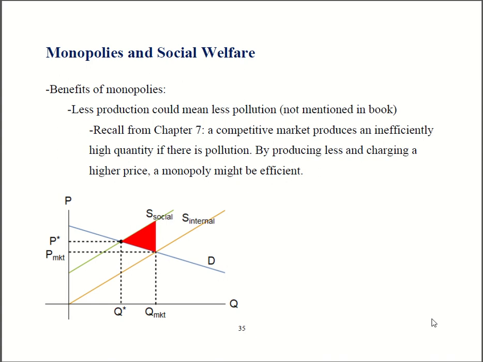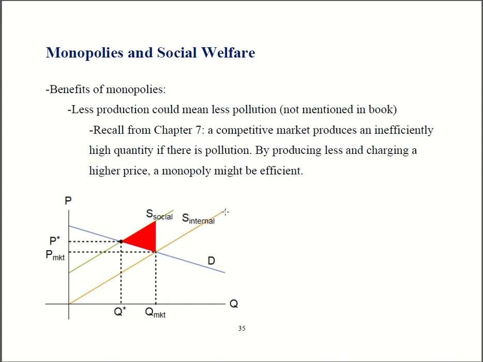We demonstrated in Chapter 7 that if you have a negative externality like pollution, something that's going to harm people, then competitive markets are going to overproduce. The intuition? The competitive market considers their own costs and their own benefits. What they disregard are society's benefits and society's costs. So S internal is given by the firm's own marginal costs.